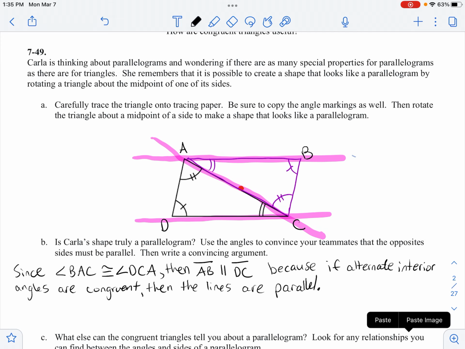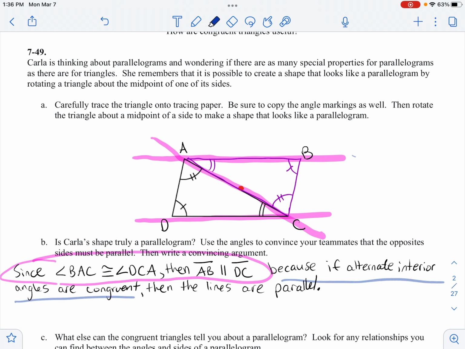Okay, so here we are being very specific about what we know to be true, and then here we are giving a reason for how we know those specific things are happening. And now we can continue that to prove that the other lines are parallel.